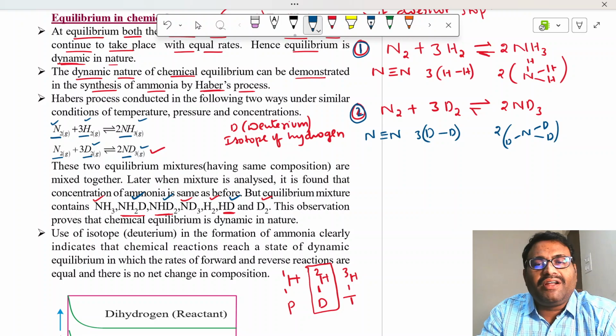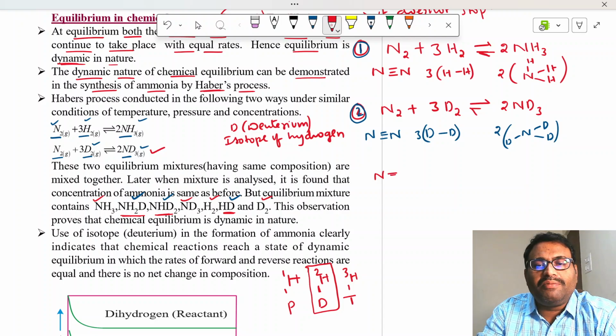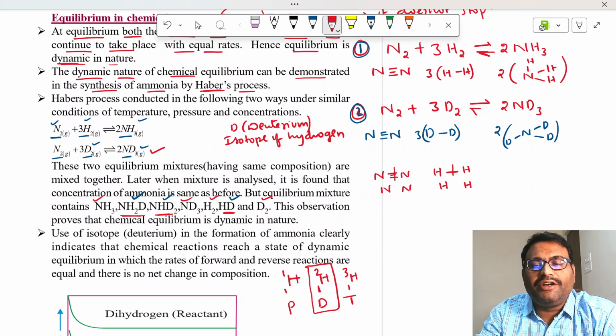If N2 and 3H2 have to combine and form NH3, first the nitrogen bond must be broken to give nitrogen atoms, and the hydrogen bond must be broken to give hydrogen atoms, and then nitrogen and hydrogen combine to form NH3.